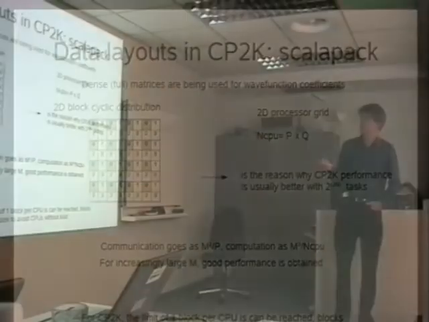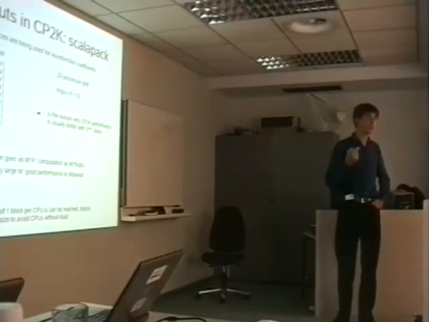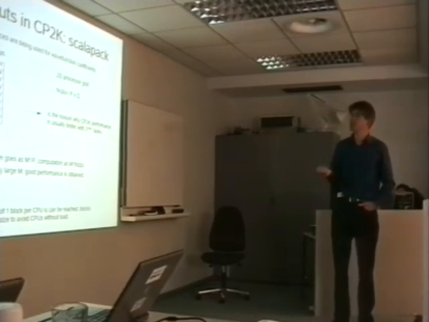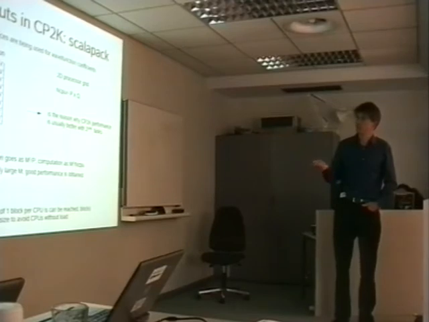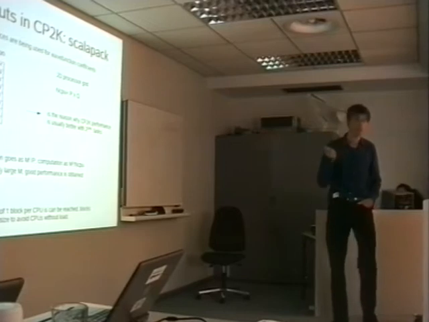The underlying distribution is useful for dense matrices, so matrices that contain no zeros, and they are distributed in a 2D block cyclic way. That means you have a 2D processor grid, so you separate your n CPUs in a P times Q distribution.